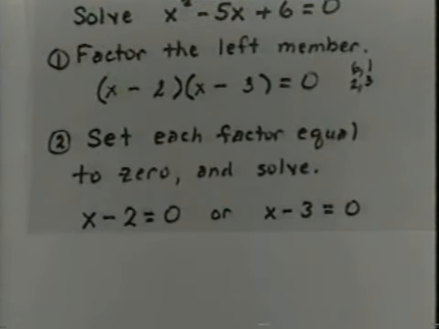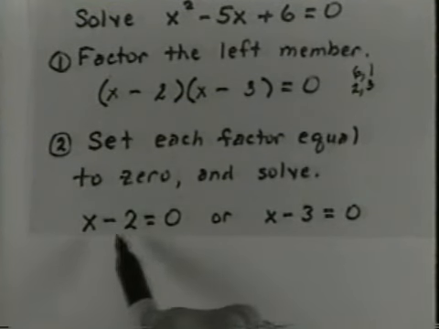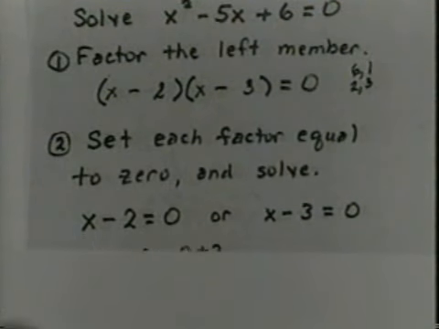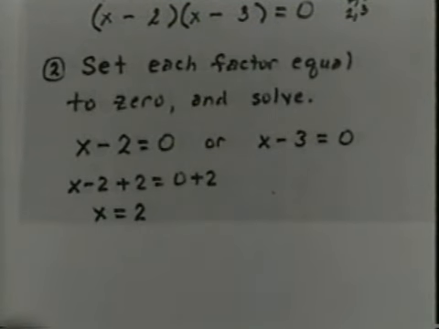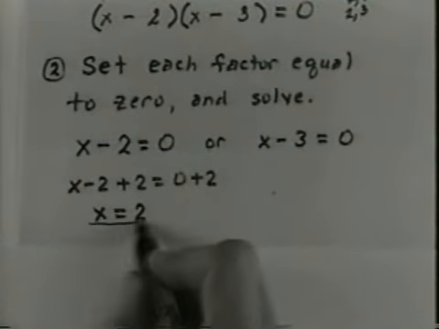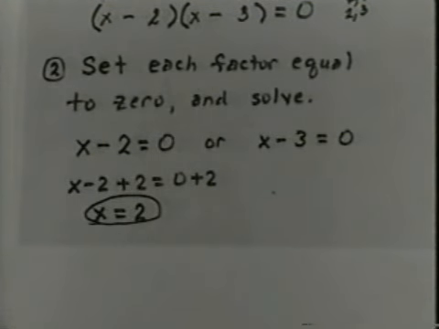The x minus 2 is 0. To solve, we must get rid of the 2 that's subtracted, so we'll add 2 to both sides. X minus 2 plus 2 is 0 plus 2. On the left we get x, on the right we get 2, and there is an answer. X is equal to 2.